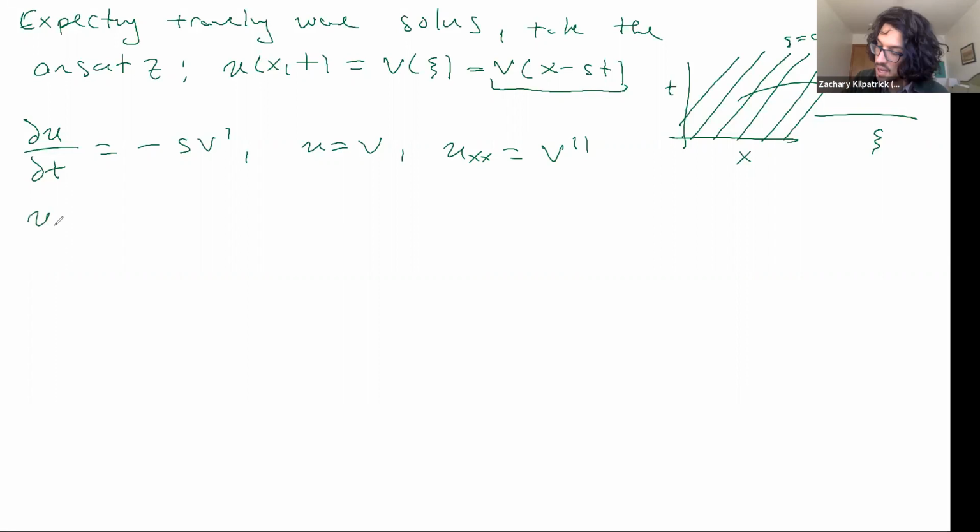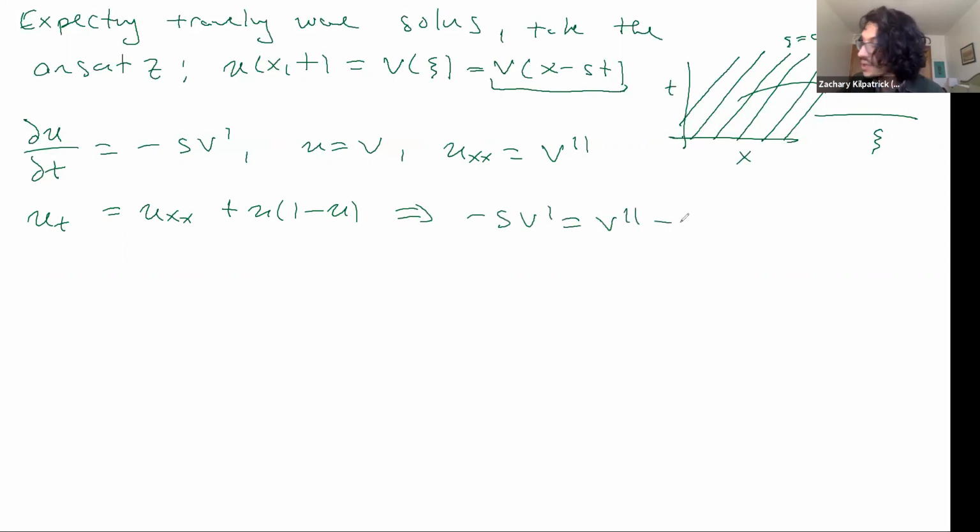So that means that u_t equals u_xx plus u(1 minus u). This is just going to become minus s v prime equals v prime prime plus v(1 minus v). And now we have a second order nonlinear differential equation, okay?